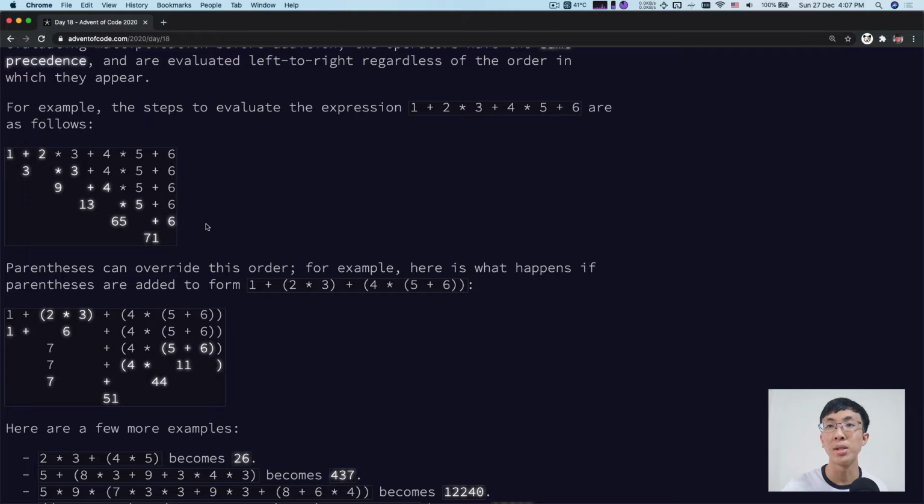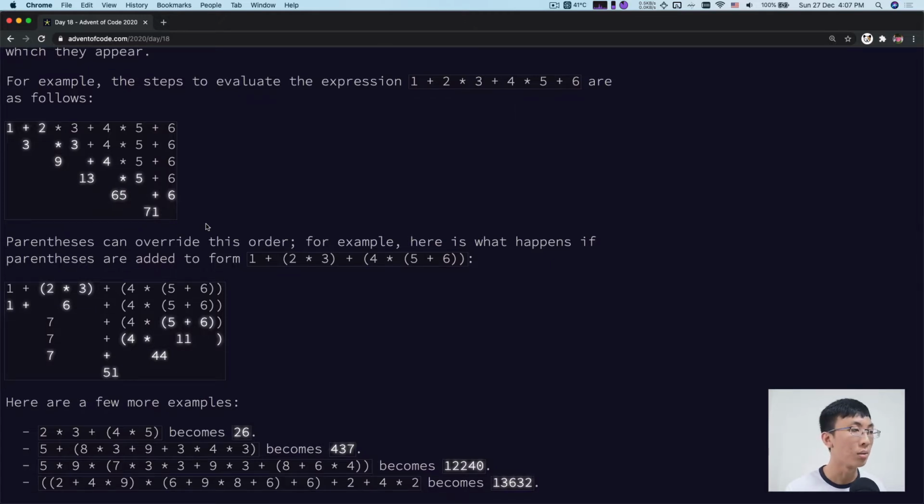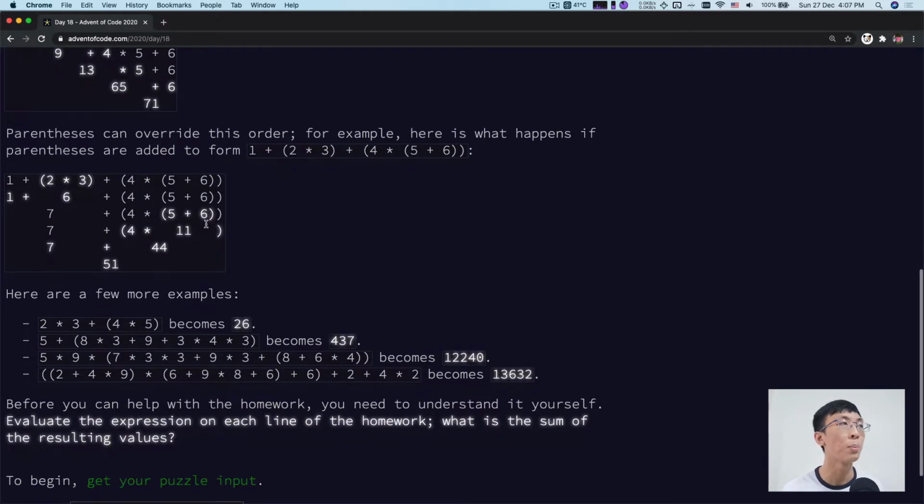I guess this prevents you from using eval or something of the sort, where you can get the equation and put it somewhere to evaluate it. We have to write code that follows these rules of precedence. Parentheses can override this order.